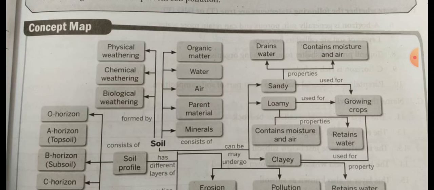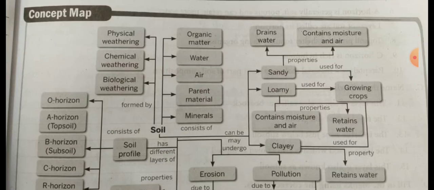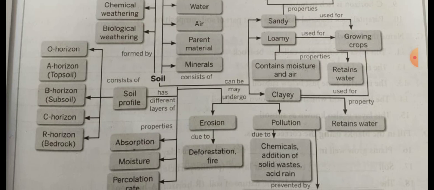Okay. Next, loamy soil. What are the properties of loamy soil? Contains moisture and air, retains water. Okay. Next, the clay soil is also used for growing crops. Okay. Clay soil also retains water.